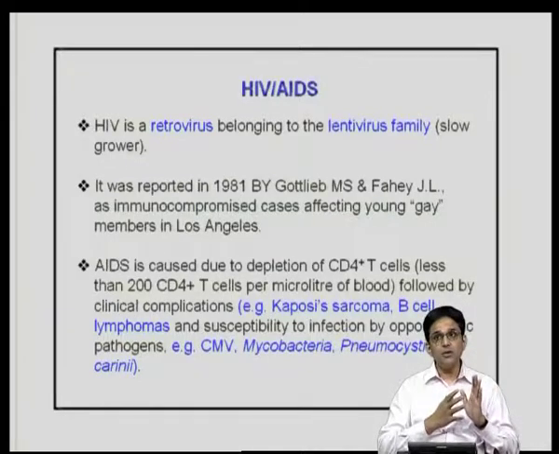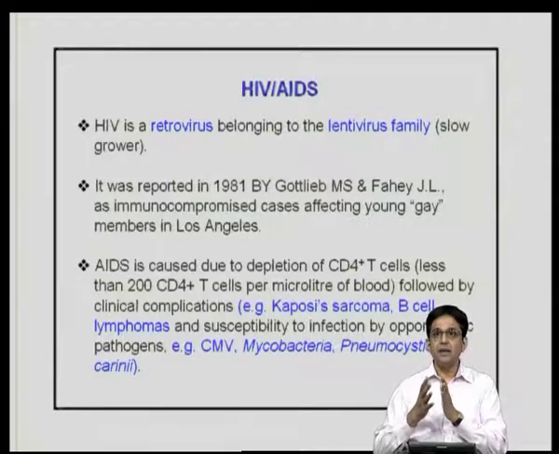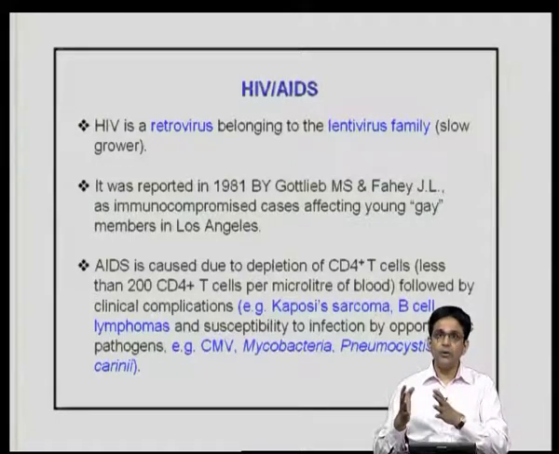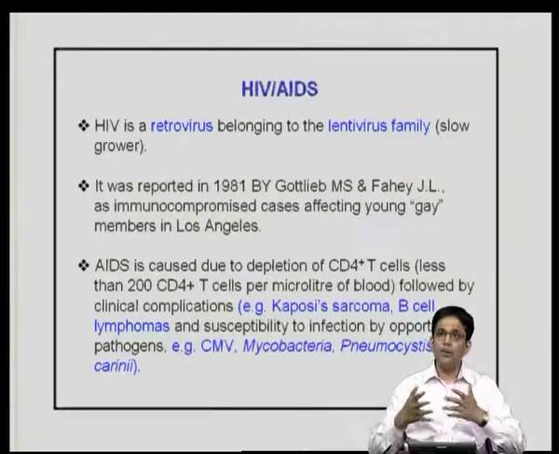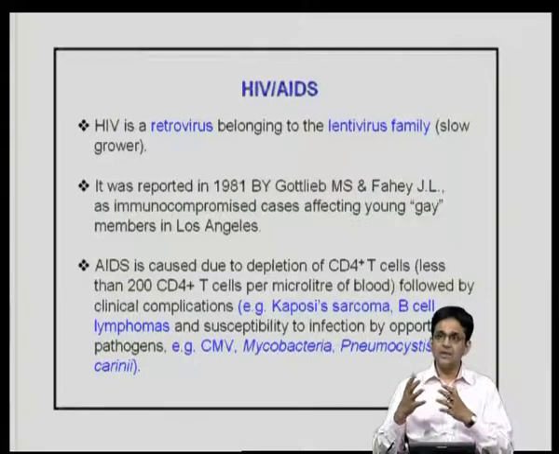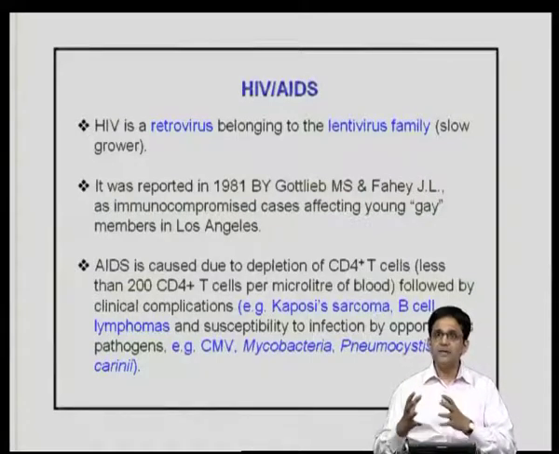What was surprising was that these cases were showing up in younger people, and further investigations revealed that these younger people belonged to a particular community, the gay community, and that is how you have to give credit to the doctors and the scientists who were able to make this association.